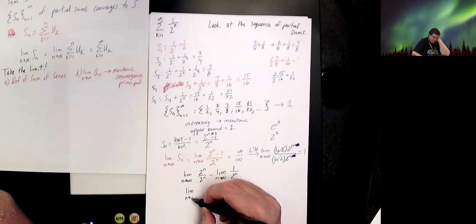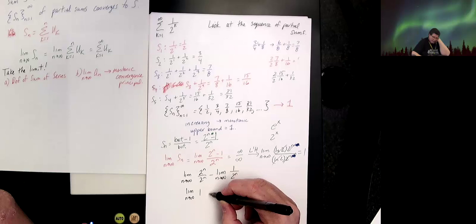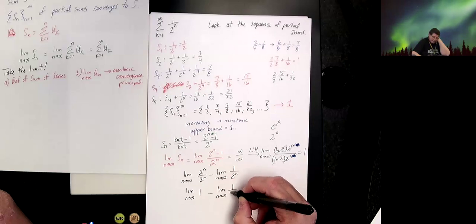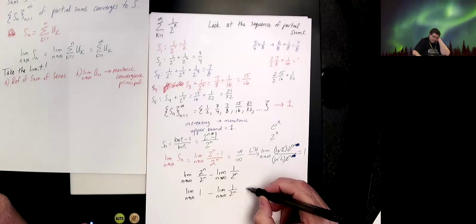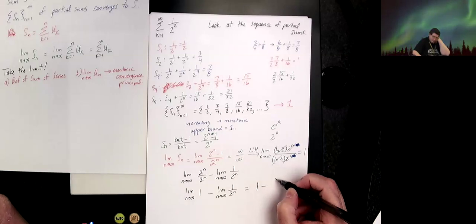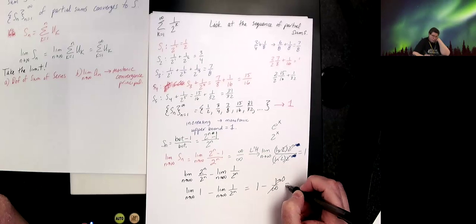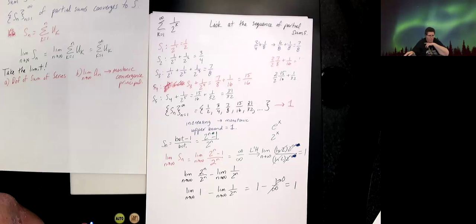That's the limit as n goes to infinity of 1 minus the limit as n goes to infinity of 1 over 2 to the n. This is 1 minus 1 over infinity, which is 0 there, and this is 1. And then we didn't need to worry about L'Hopital. All we had to do is separate the fraction.